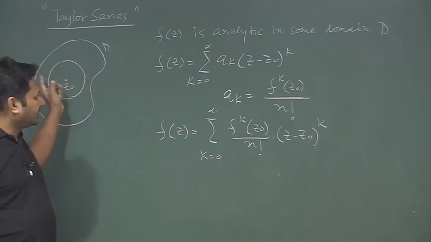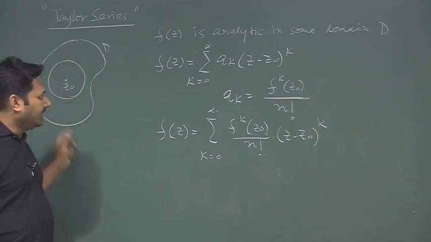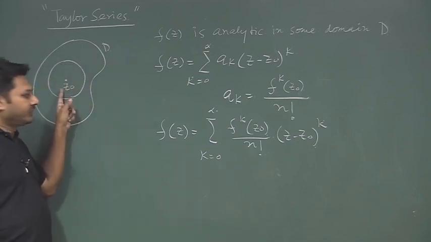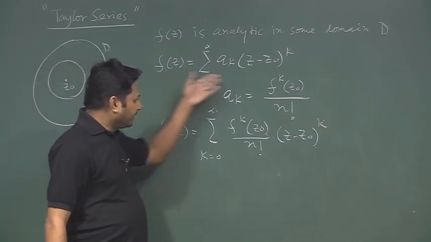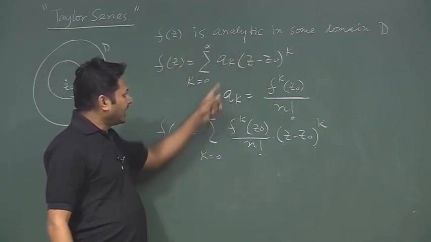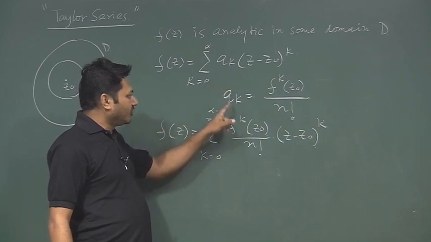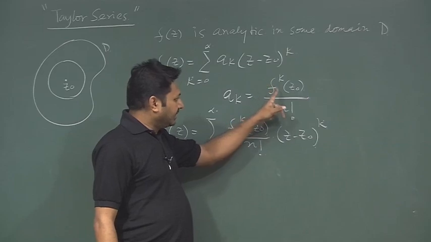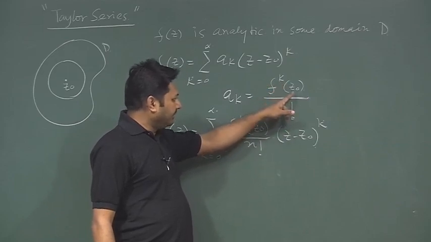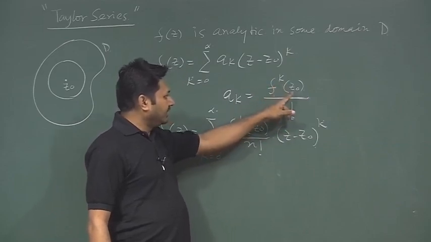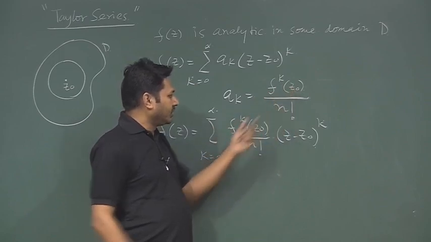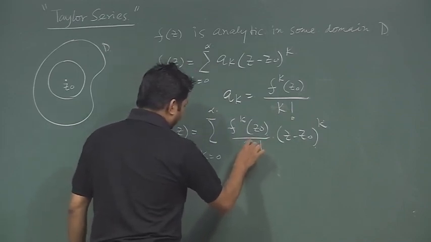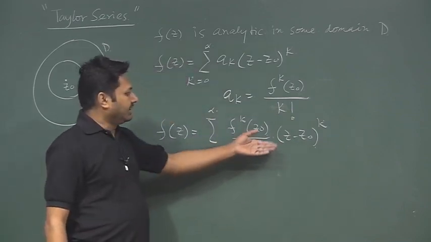A function which is analytic in some domain D, I can expand around some point z0, and if I expand this function around the point z0, then I have some a_k, this characteristic coefficient, which will be something like this, where a_k is the k-th derivative at that particular point divided by factorial k. Here it should be factorial k, I should not use n here.